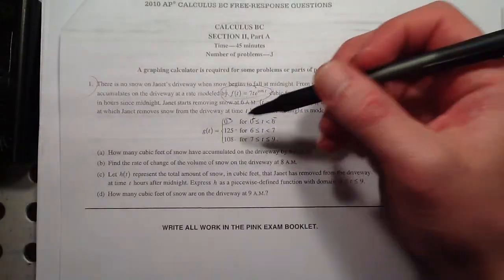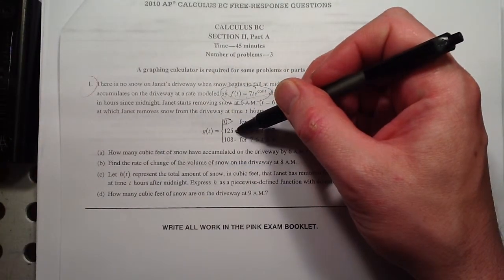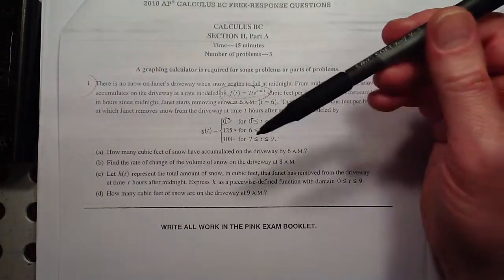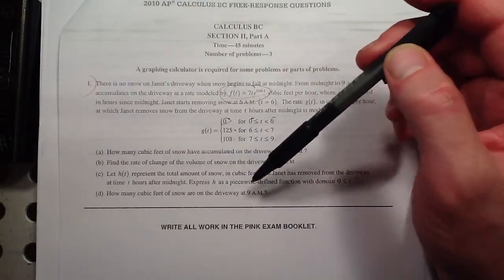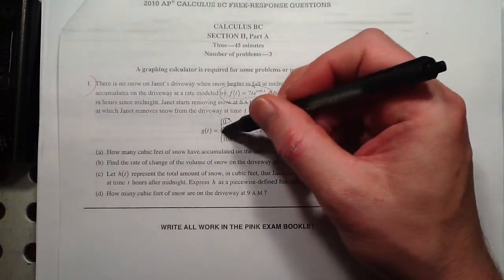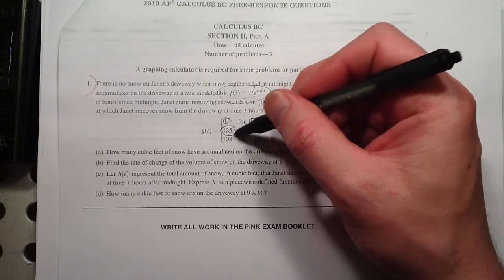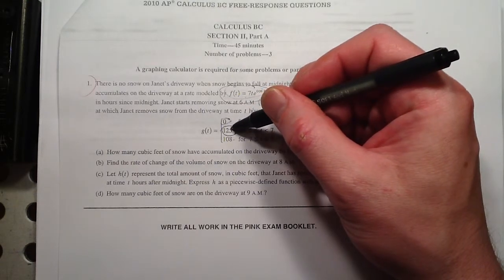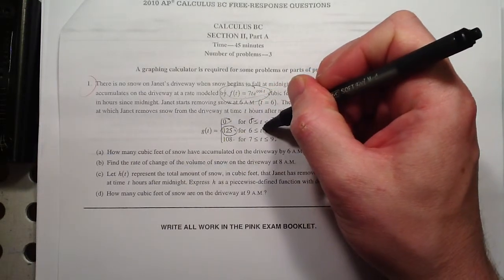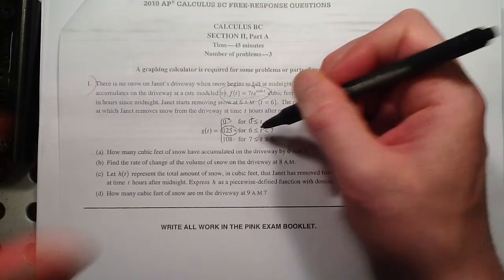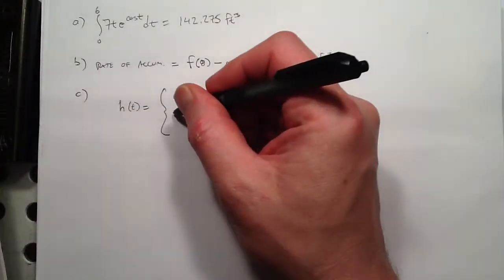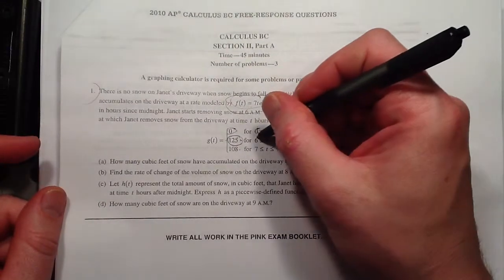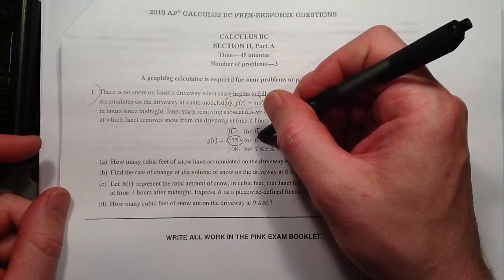Now, this is the rate that she's removing it at, right? So if we want to know the total amount of snow that she's removed, then it's this. If she's removing it at a constant rate, then the amount that she's removed is 125 times how much time she's been doing that for, right? So 125 times how much time she's been doing it since 6 a.m., right?